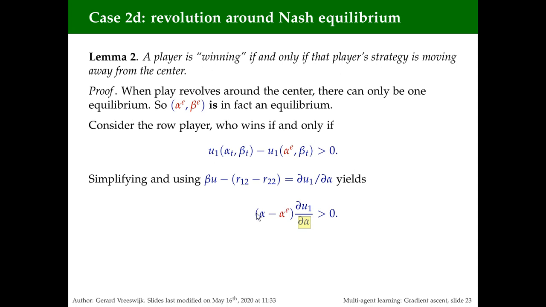So that means both are negative, so this one and the partial derivative must be negative, or both must be positive.